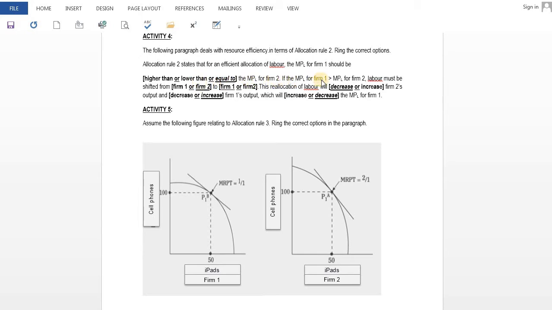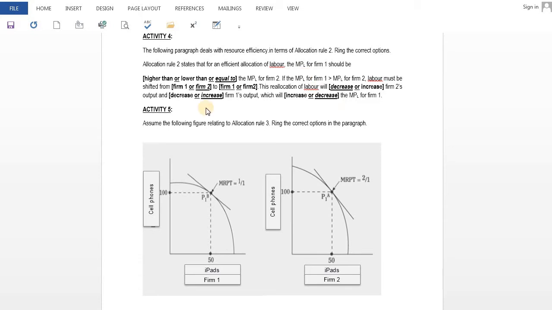If the MPL for firm 1 is greater than the MPL of firm 2, then labor must be shifted from firm 1 or firm 2 to firm 1 or firm 2. This reallocation of labor will decrease or increase firm 2's output and decrease or increase firm 1's output, which will increase or decrease the MPL for firm 1.